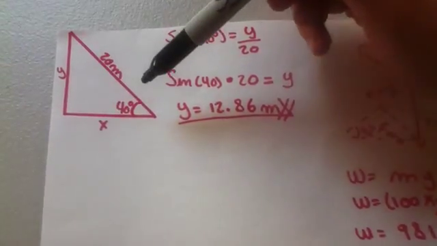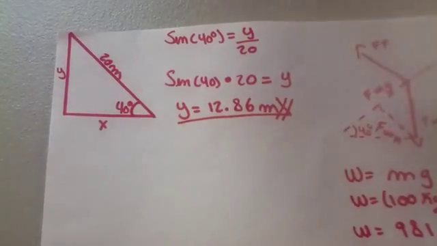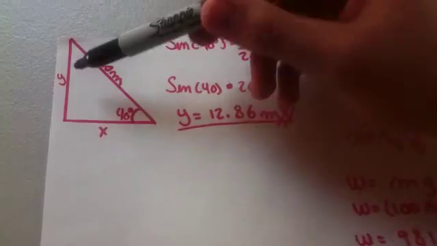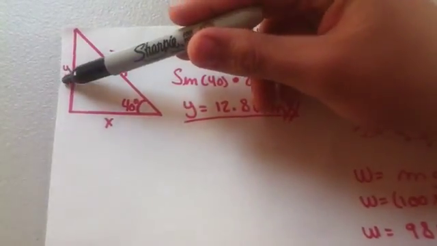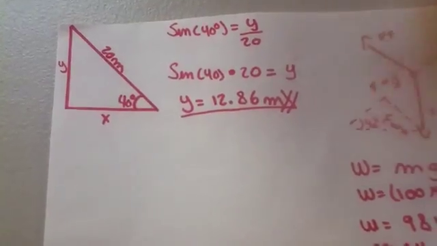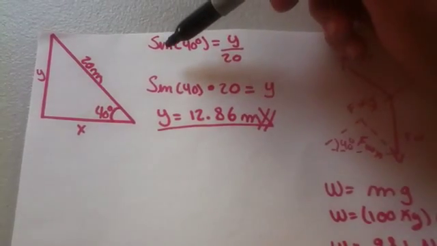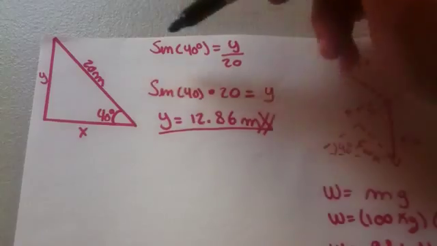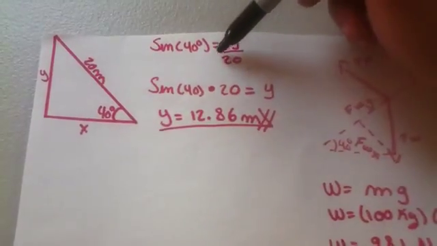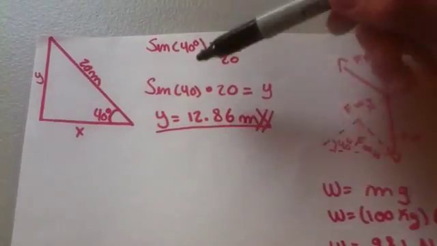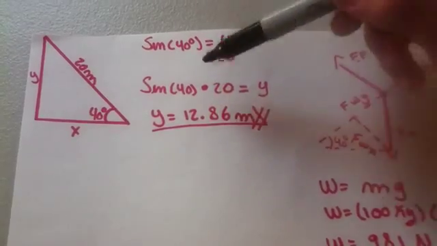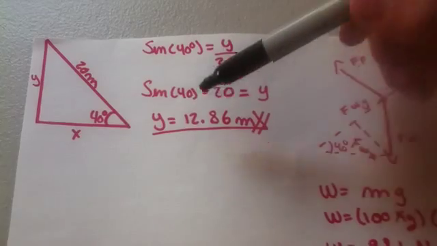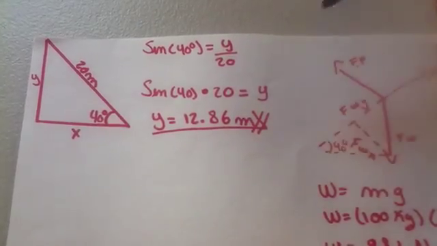With those numbers, we can easily use SOHCAHTOA, in this case sine, to get the unknown variable y. Sine of 40 degrees is equal to y over the hypotenuse, which is 20. So at the end we have sine 40 times 20 equals y. So y is equal to 12.86 meters.